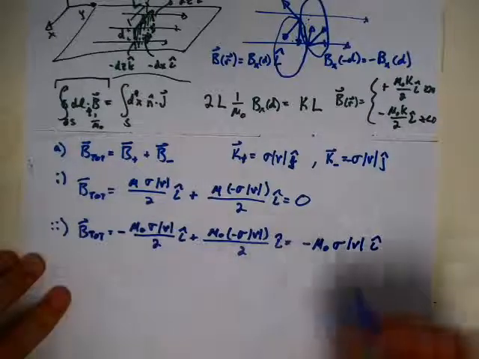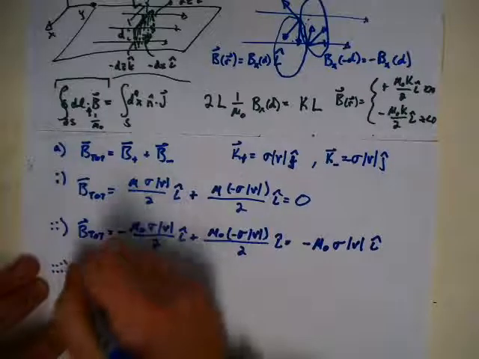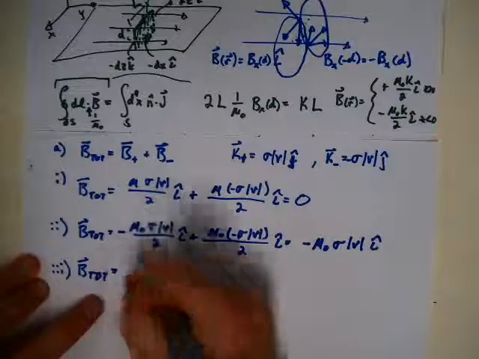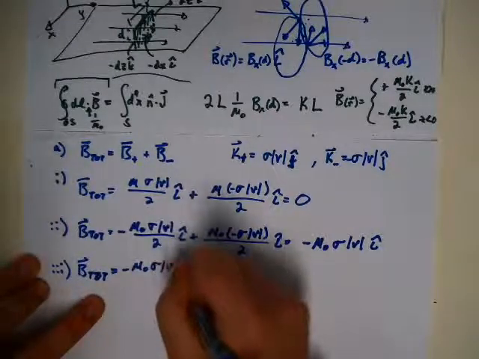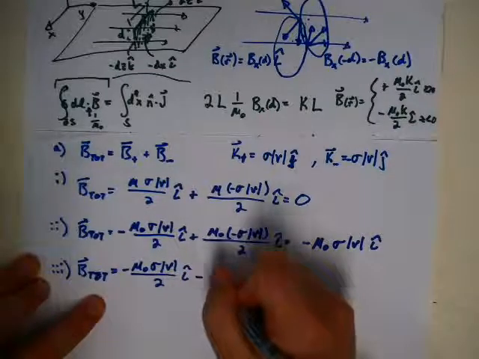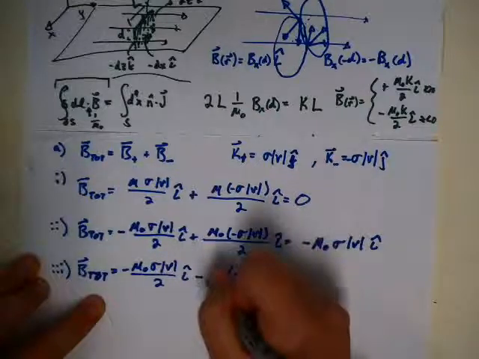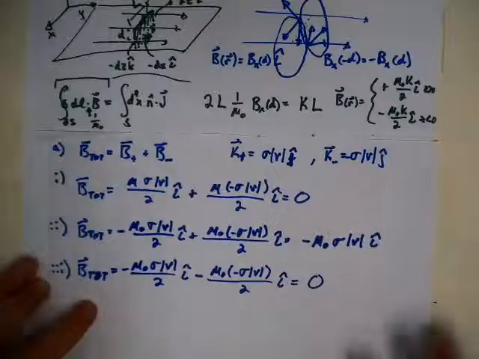They combine in between. In region 3, below, I'm going to use the minus sign for both of them: minus mu naught sigma V over 2 I hat minus mu naught times minus sigma V over 2 I hat. That again is going to equal 0.